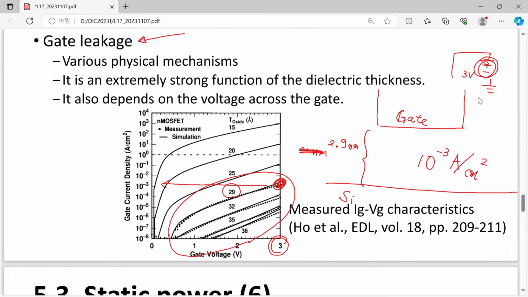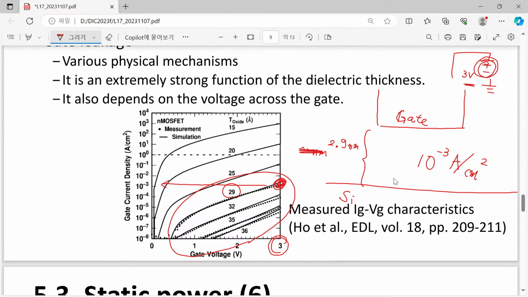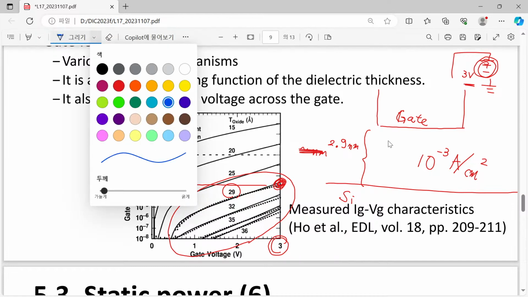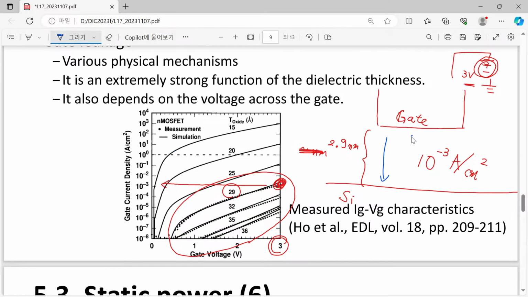Okay, since this is positive and this is relatively negative, you can expect the direction of current conduction in this way.